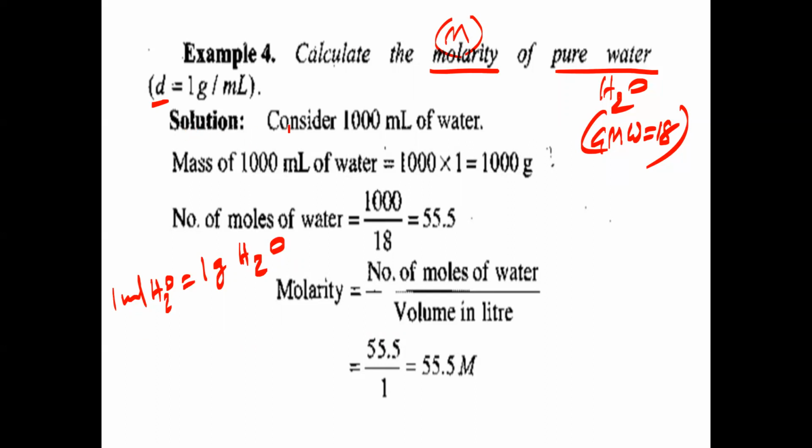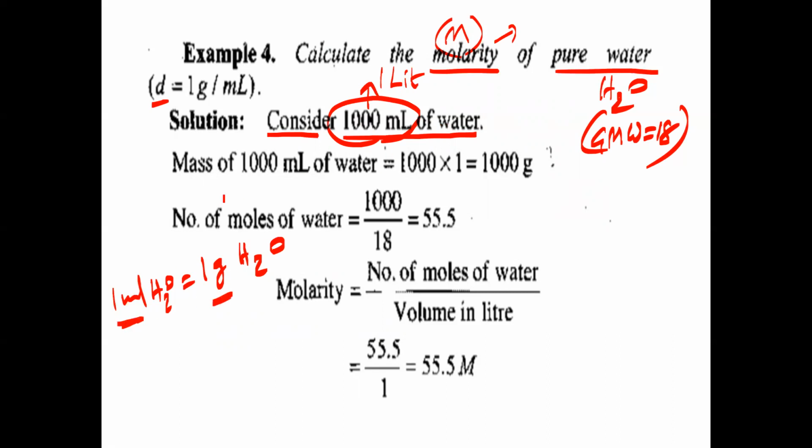Next, the solution of this problem: consider 1000 ml of water, that means 1 liter we have taken. The molarity definition is the number of moles of solute present in 1 liter of solution. 1 liter is 1000 ml. 1000 ml of water means how many grams of water?